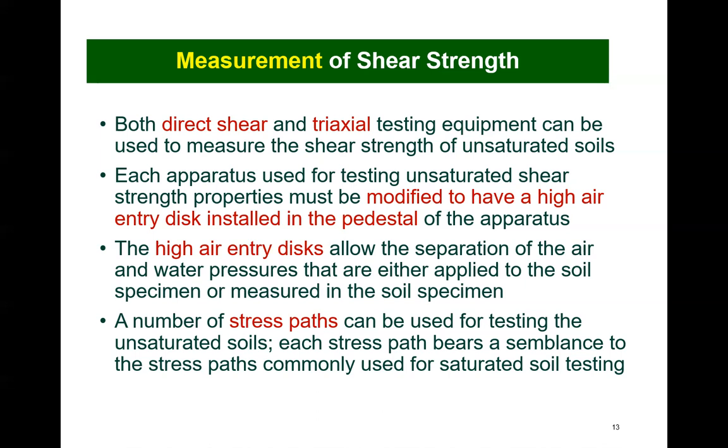This is successfully accomplished by installing a high air entry disc into the base pedestal of a triaxial cell or a direct shear apparatus. Essentially, all research programs on unsaturated soil from around the world have been studied using the axis translation technique. I'm referring to shear strength studies.